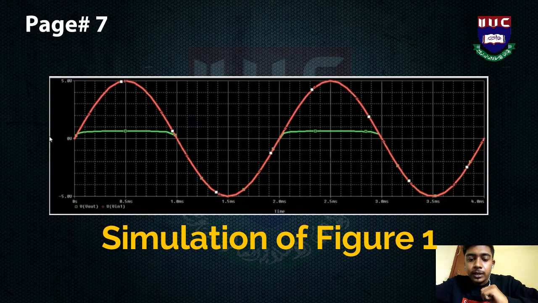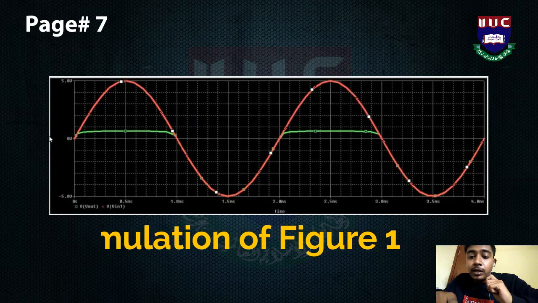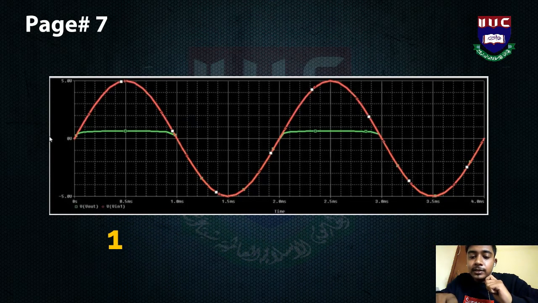So here in the simulation, the green line is the output and the red line is the input of the circuit diagram 1. So here we use a normal clipper circuit. That's why the simulation is like this.